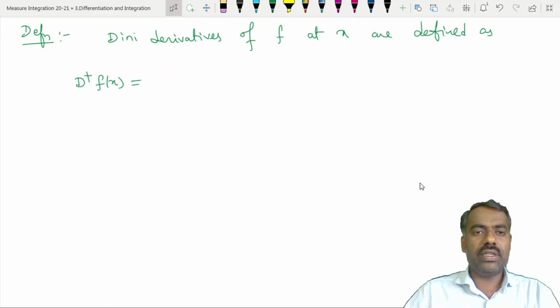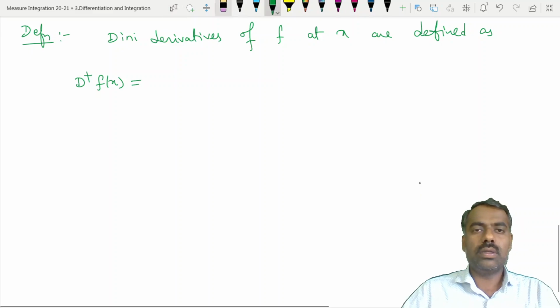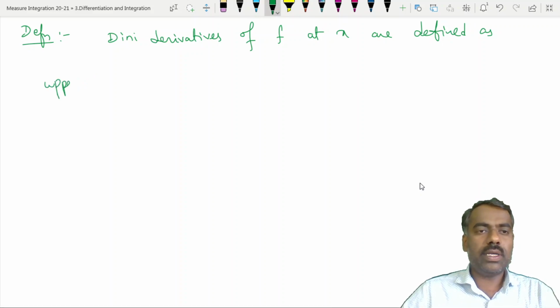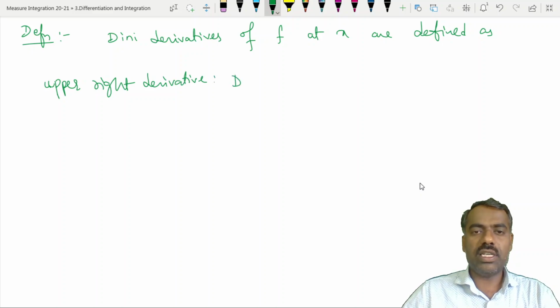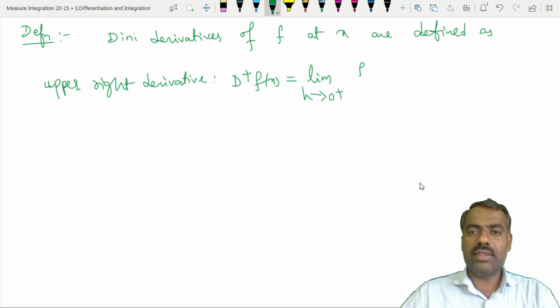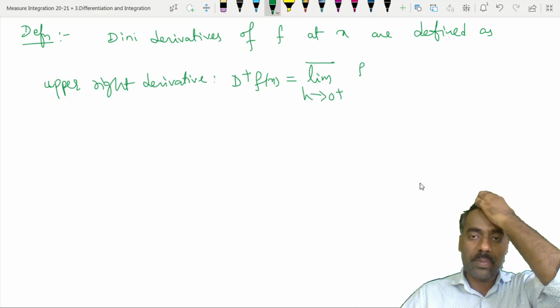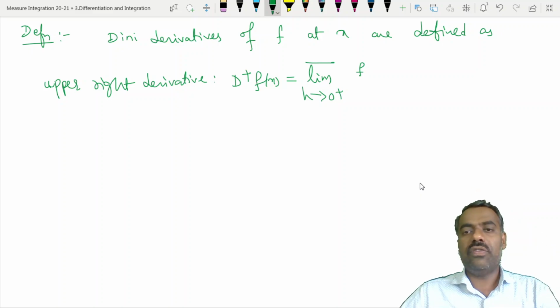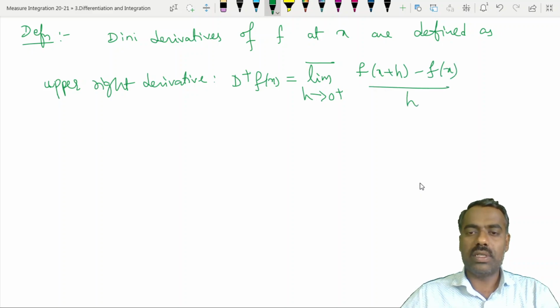This we will denote as, first we will write, upper right derivative. This notation D plus f of x is equal to the upper limit as h tending to 0 plus of f of x plus h minus f of x upon h.